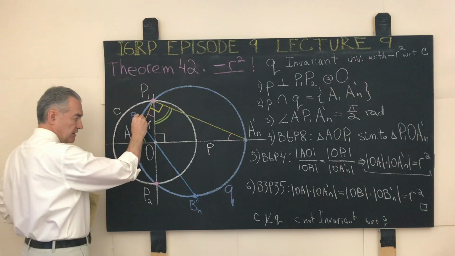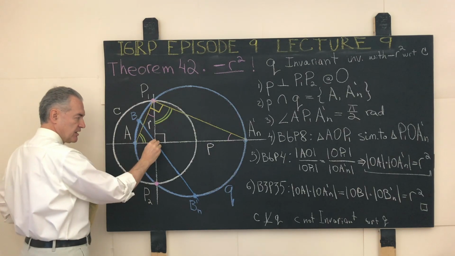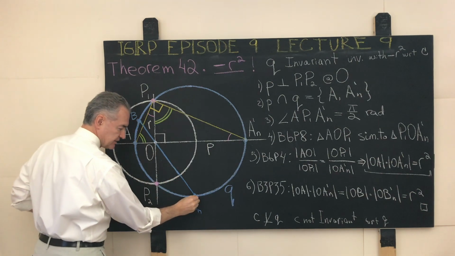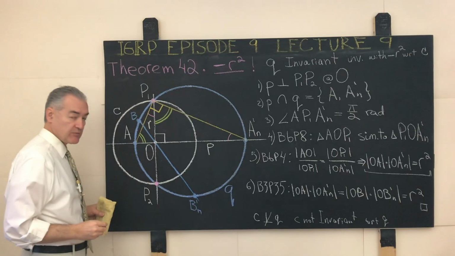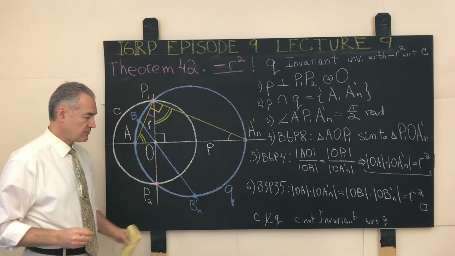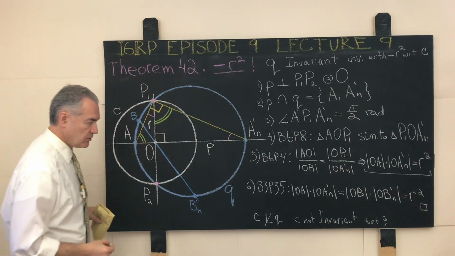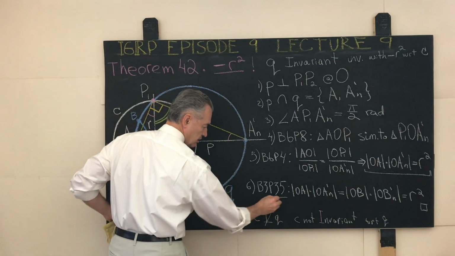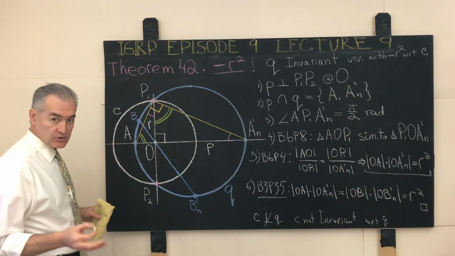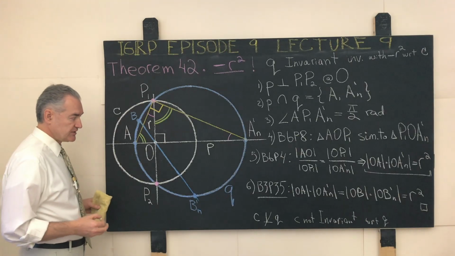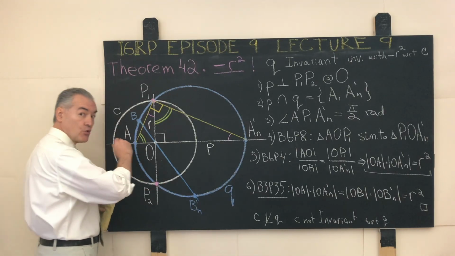Then we construct a straight line through this randomly picked point B and the point O until that line segment intersects the circle Q at the second point. We will name the point B prime n. And what can we do then? Well, this is book 3, proposition 35 by Euclid from his Elements, otherwise known as the intersecting chords theorem.